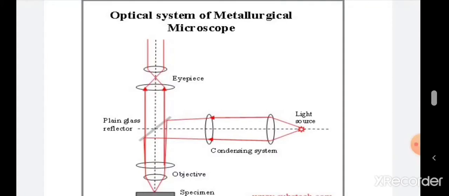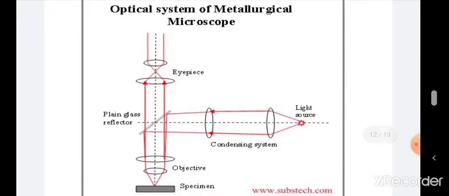That's why the scattered rays from the light source, after contact with the collimating lens, follow each and every path in a straight manner. After that, they impact on a plain glass reflector. Because of reflection, the light rays are diverged and impact on the specimen.